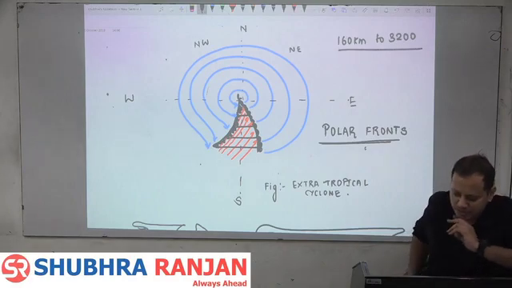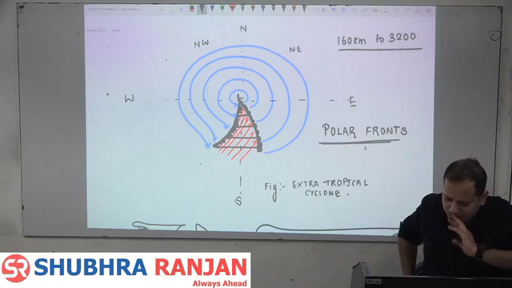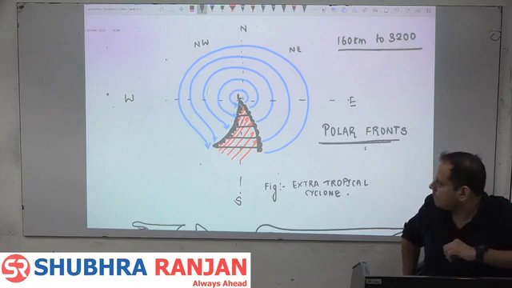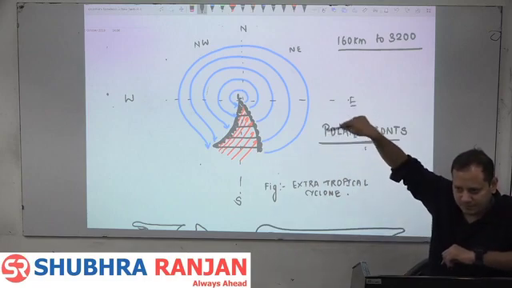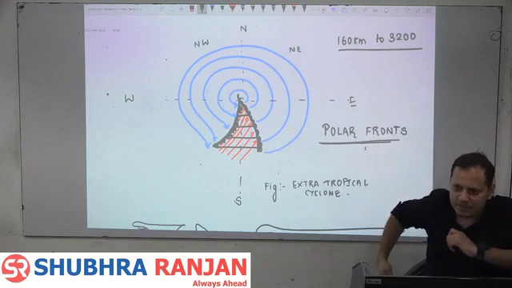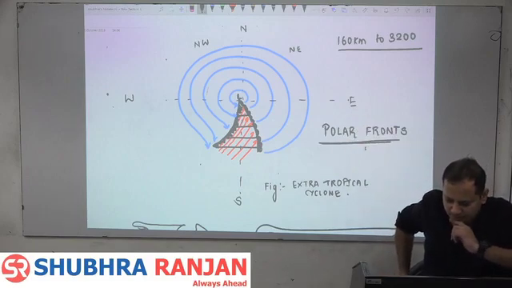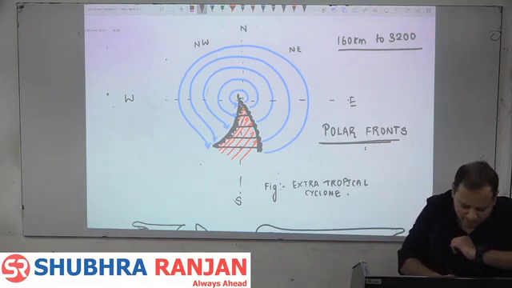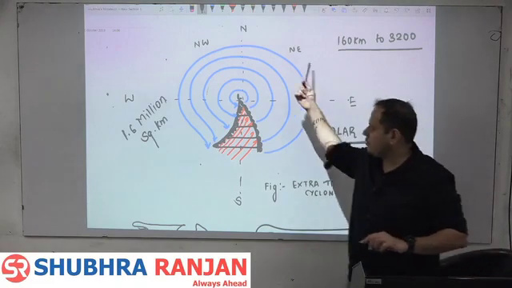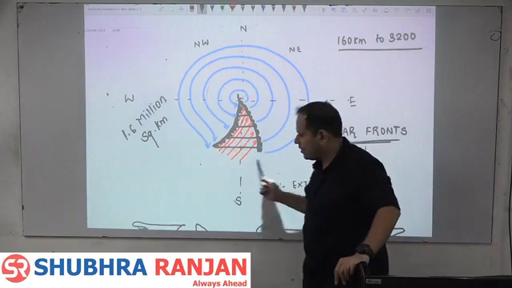Diameter means they generally cover an area of around 1.6 million square kilometers. This whole area will be somewhere around 1.6 million square kilometers.